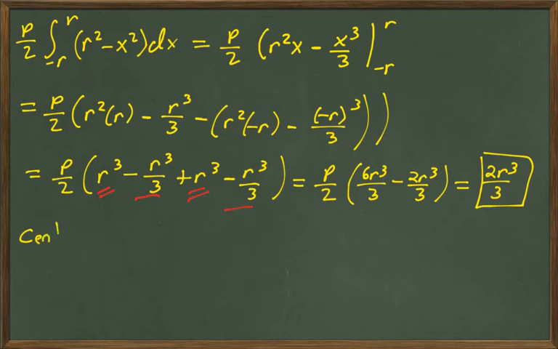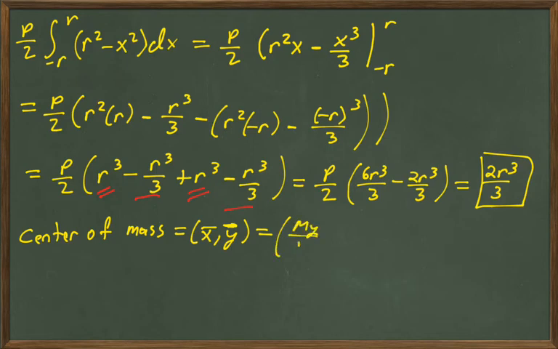Now if we want to find the center of mass, x bar, y bar, it's going to be m sub y over m, comma m sub x over m. M sub y was 0, and m sub x, oh wait, that's not m sub x, that's just the whole mass of the system.